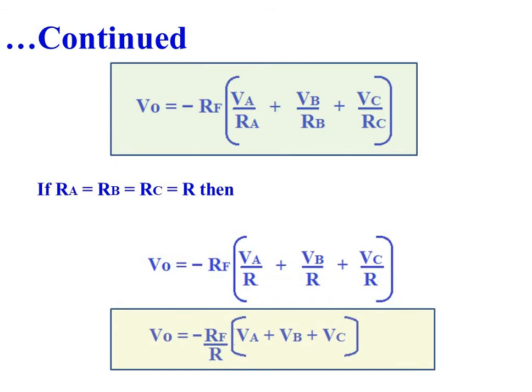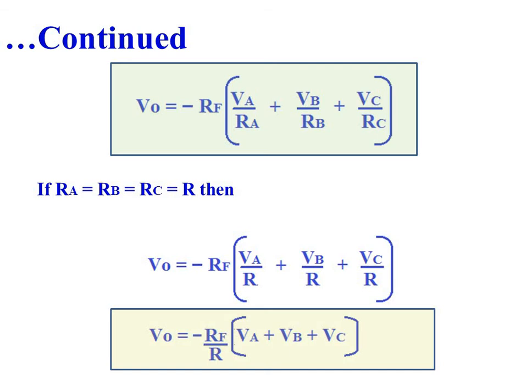If RA is equal to RB is equal to RC is equal to R, then output voltage V0 is equal to minus RF into (VA by R plus VB by R plus VC by R).